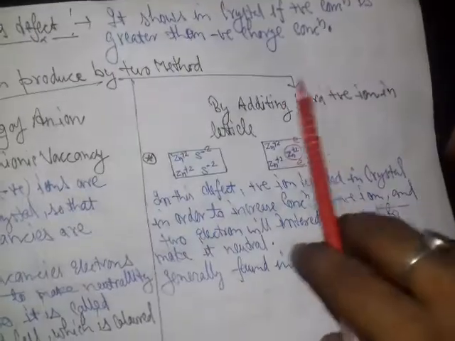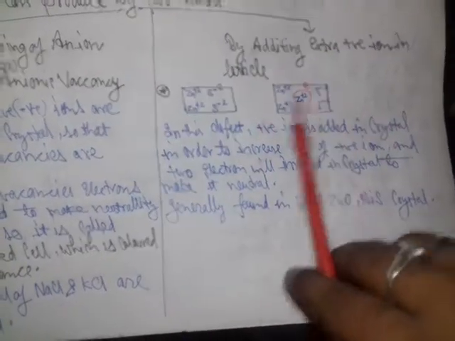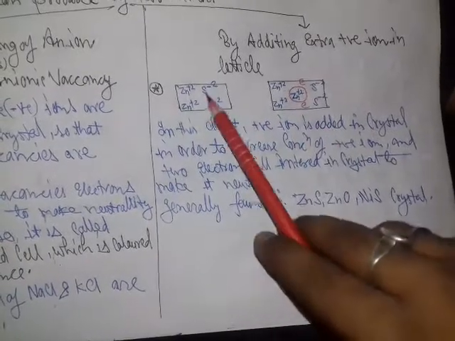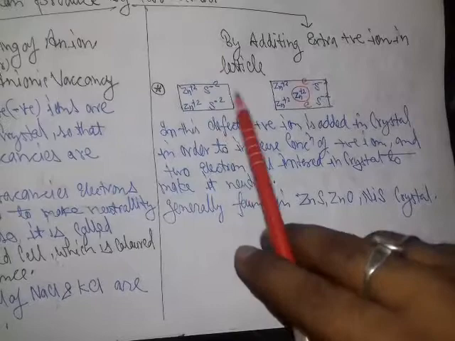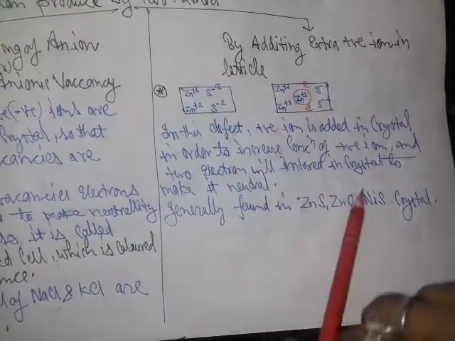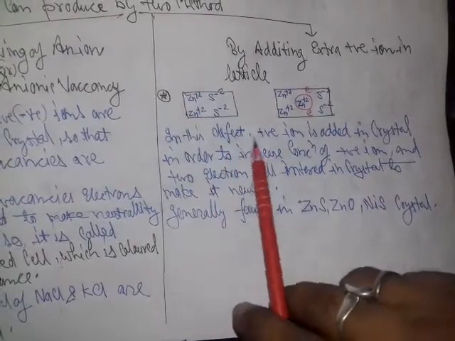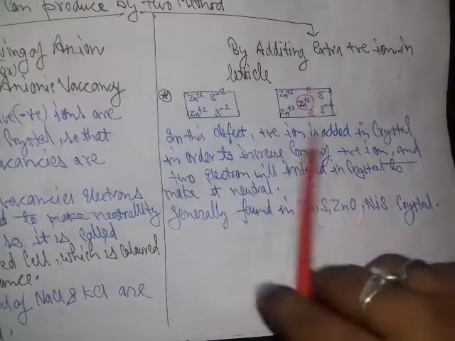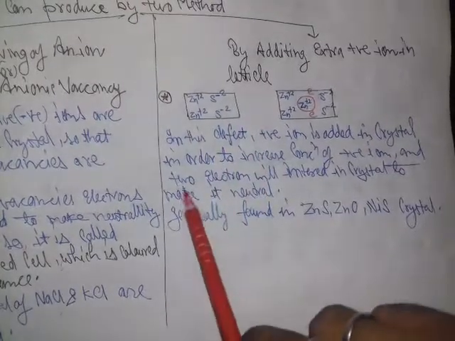Next section, by adding an extra positive ion in the lattice. Generally it happens in crystals of transition metals, for example zinc sulfide, zinc oxide and nickel sulfide crystals. In this type of defect, positive ions are added in the crystal in the interstitial spaces between the ions.